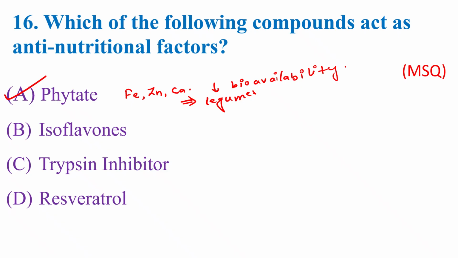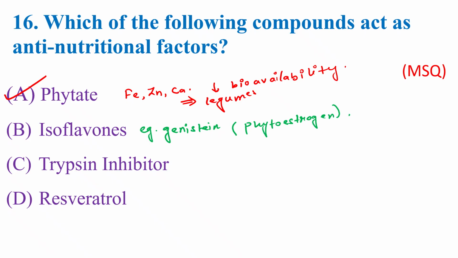So isoflavones are phytoestrogens, for example genistein, which will basically give benefits to our health. It is an antioxidant, anti-cancer, not an anti-nutritional compound.